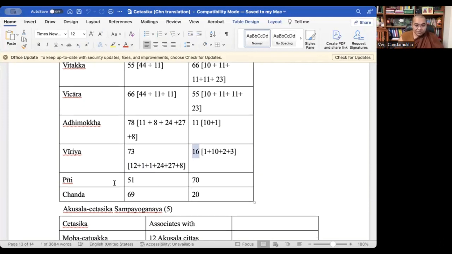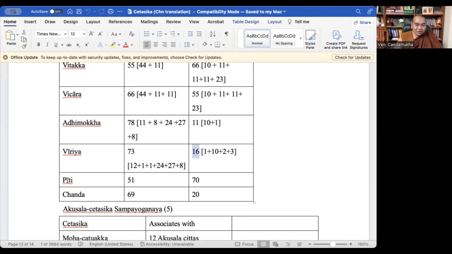Piti, we go to Piti. Piti is rapture or joy. Okay, so you can understand that happiness and also anger. When you are angry, then there can be no rapture, no joy.